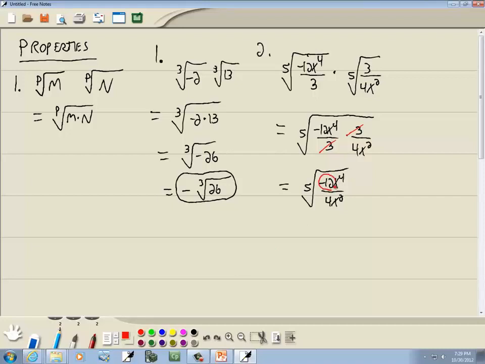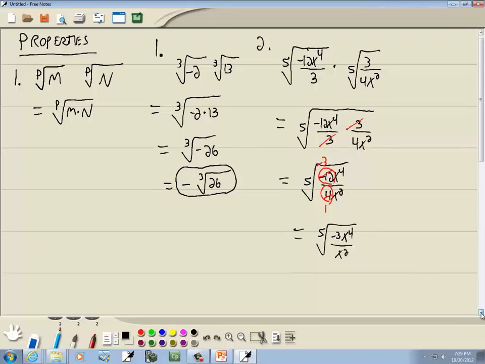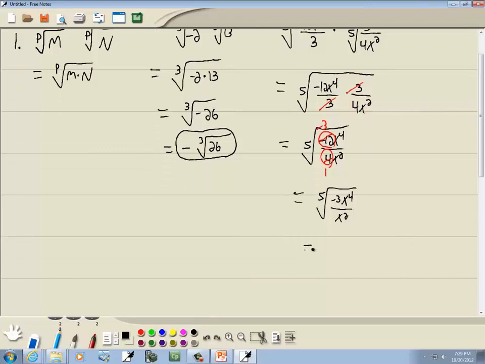Well, we've got negative 12 here, we've got 4 here, they're both divisible by 4. 4 divided by 4 is 1. Negative 12 divided by 4 is negative 3. So we've got the fifth root of negative 3 x to the fourth over x squared. Now remember, if you have x to a power over x to a power, you subtract the smaller exponent from the larger one. 4 minus 2 gives us 2, and we put x to that power where the larger one was, which was on top.